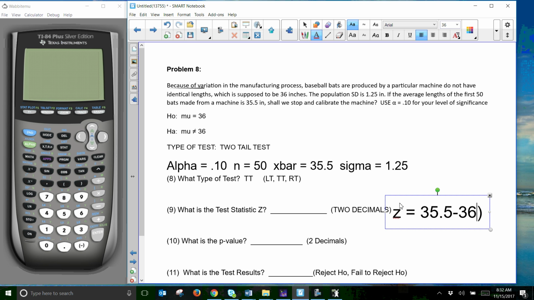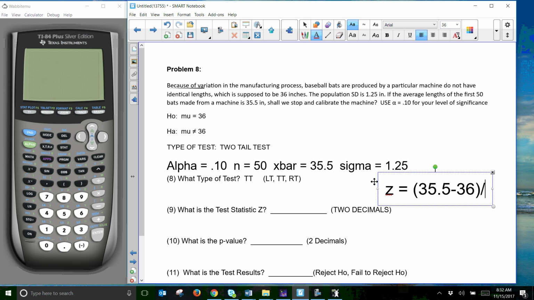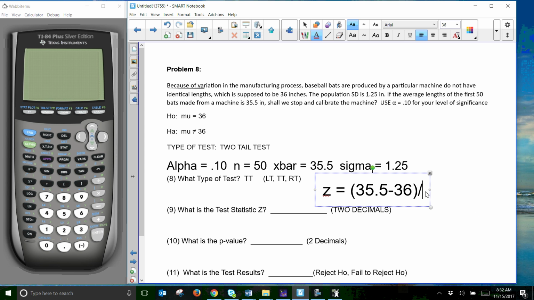We'll take that whole thing and divide it by sigma, which is 1.25, divided by the square root of 50, the first 50 bats.